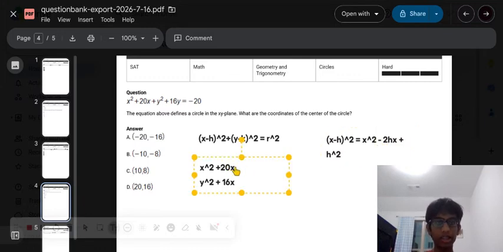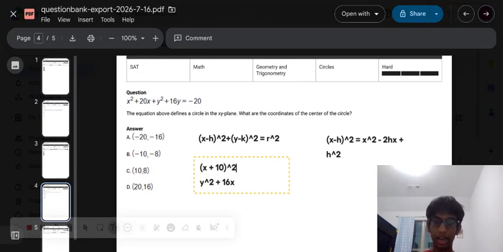That means h is equal to negative 10. So what we have is x minus h, which is negative 10, so that becomes (x plus 10) squared.